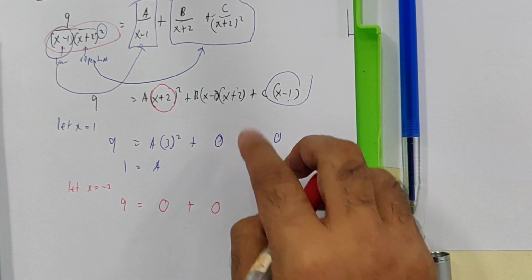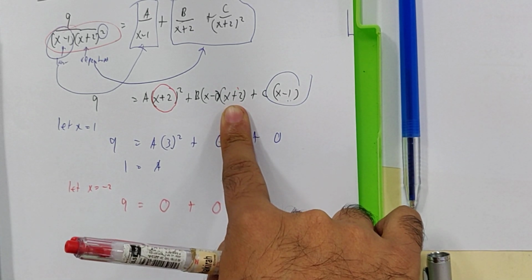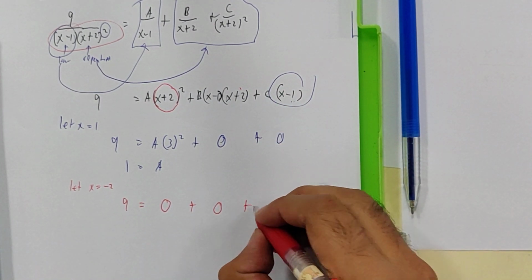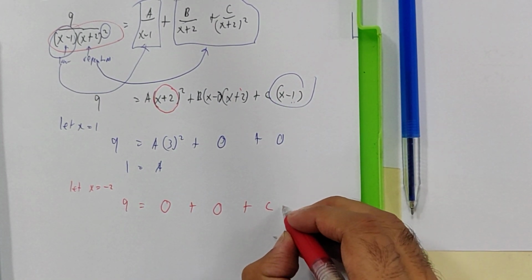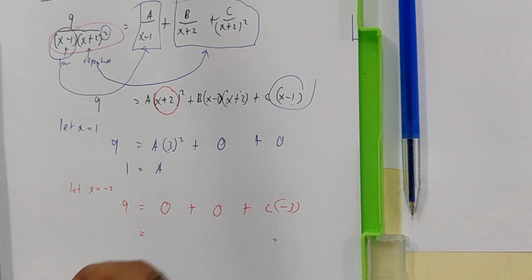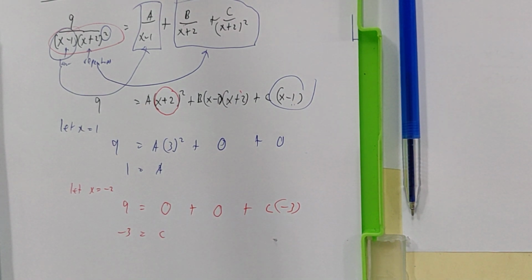Why? There's the x plus 2 over there, sir. Are you okay? Now what about this one? Negative 3C. So that means C is negative 3. Are you okay? Tak faham, angkat tangan. Please raise your hand, I'll teach again.